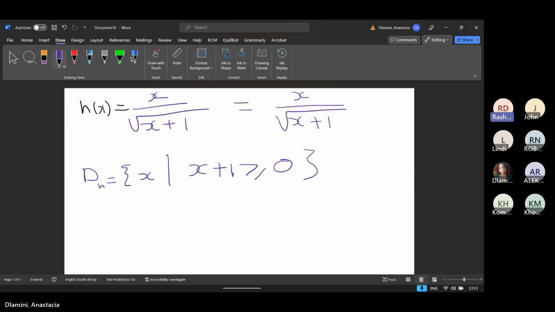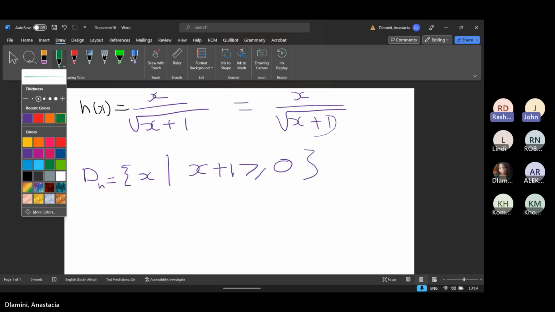Yes. x may be equal to 1, but we are saying that, please listen to this, we are saying everything under the square root should be greater or equal to 0. That's what we are saying, isn't it? Yes.